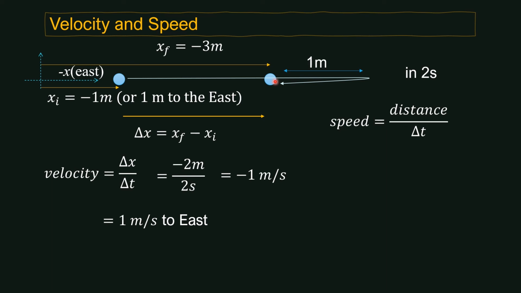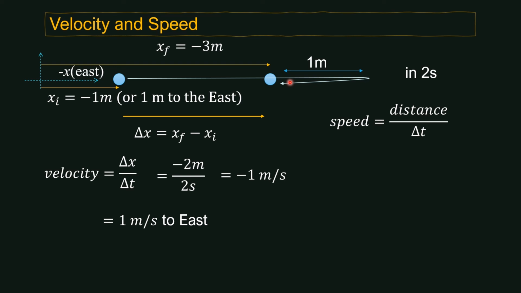So that means the distance traveled while going from here and back here is 2 meters plus 1 meter plus 1 meter. So that is 4 meters. So distance is 4 meters.